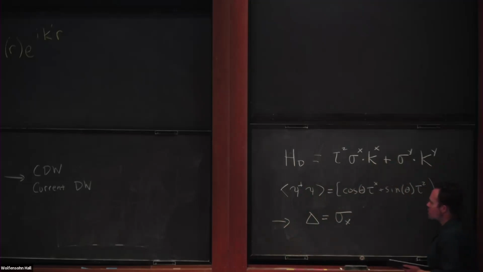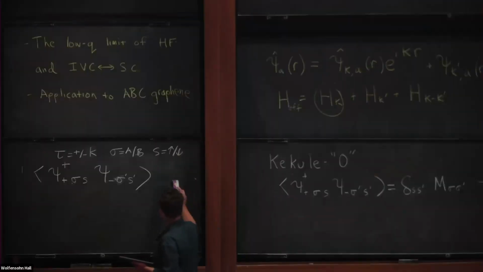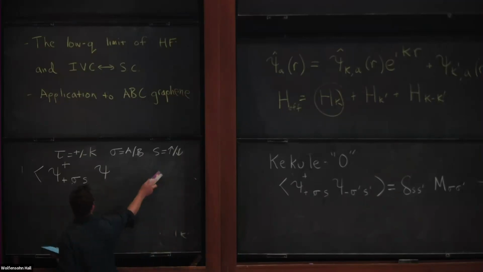So now what I want to do is analyze the nature, microscopically, of such an IVC, which is off diagonal in sublattice between A and B because sigma x is off diagonal here. And I'll show some pictures of this in a second, both in theory and experiment, what it looks like and why it's called the Kekulé.